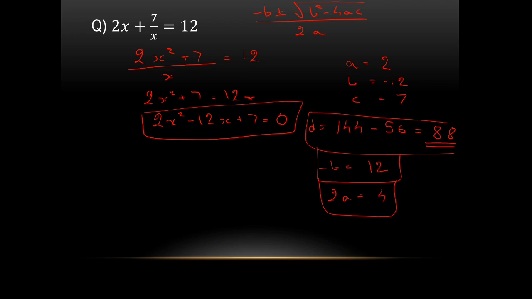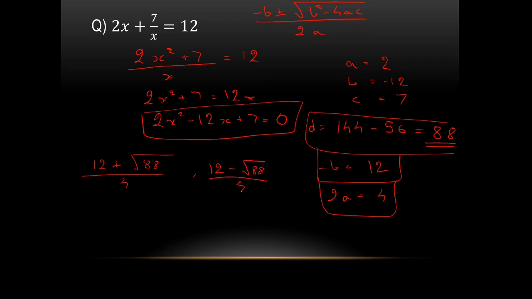So now we can just substitute the values. It becomes 12 plus square root of 88 by 4 and 12 minus square root of 88 by 4.